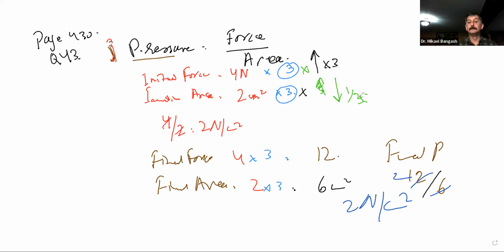Did that make sense? But since they both change equally, the final pressure and the initial pressure are going to be equal.